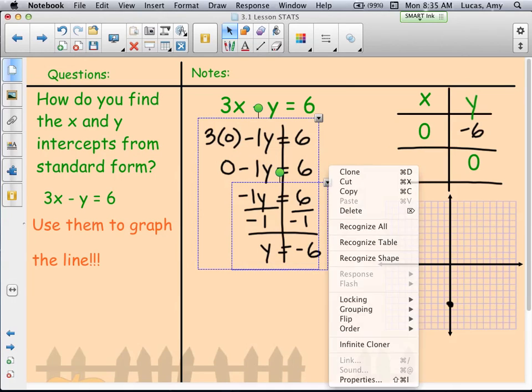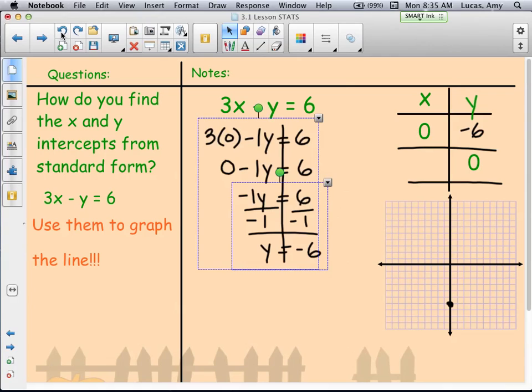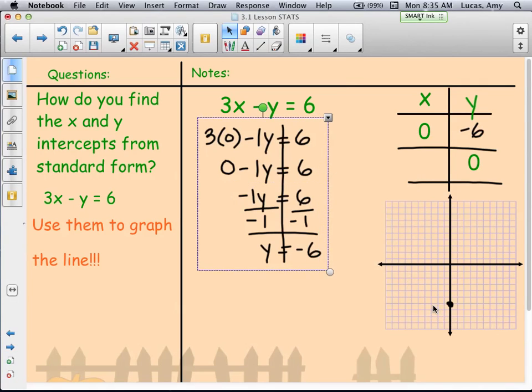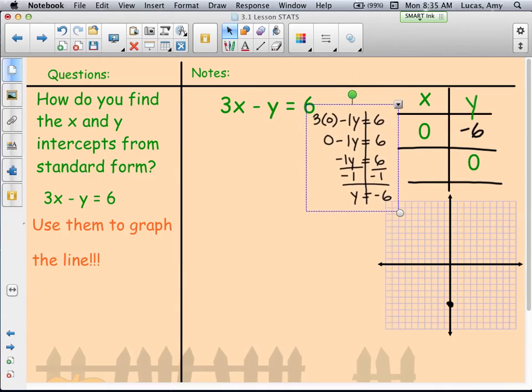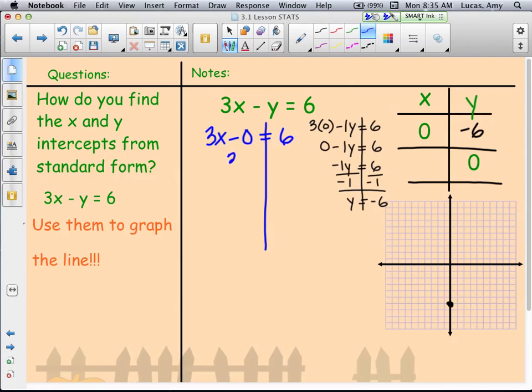Now I can put in my 0 for y instead. 3x minus 0 is 3x. 3x equals 6. Divide by 3.